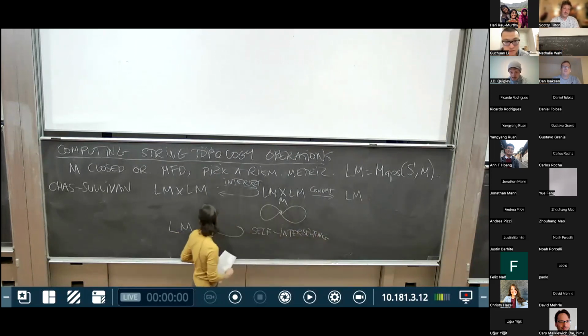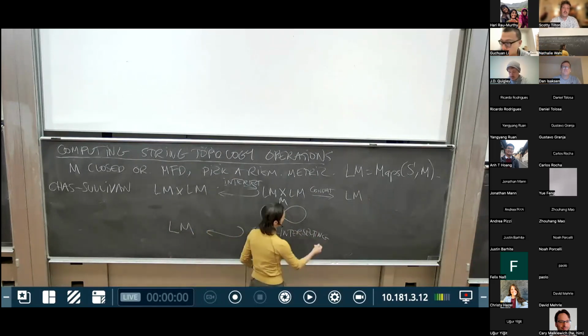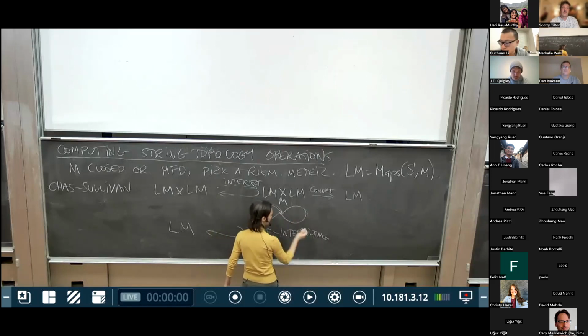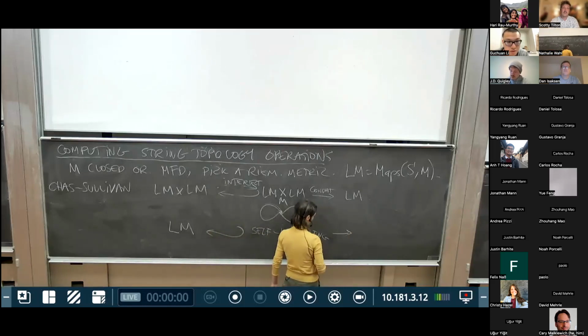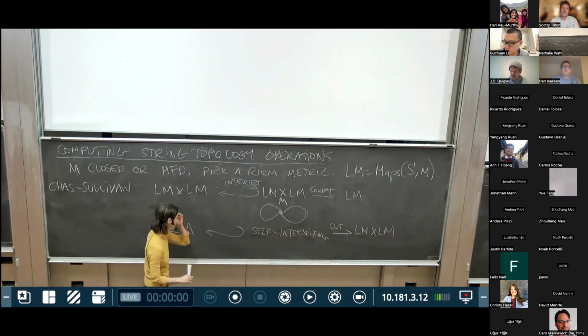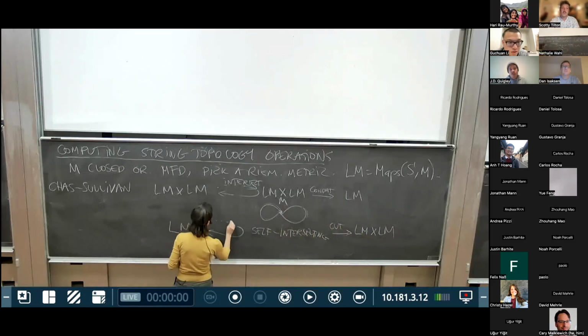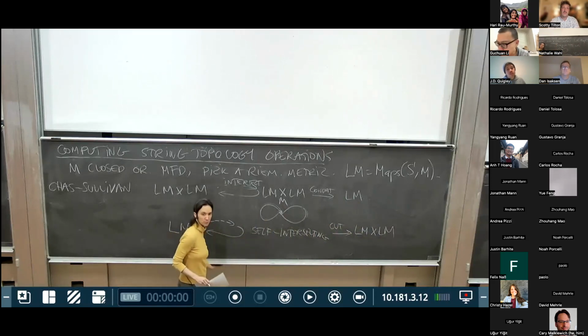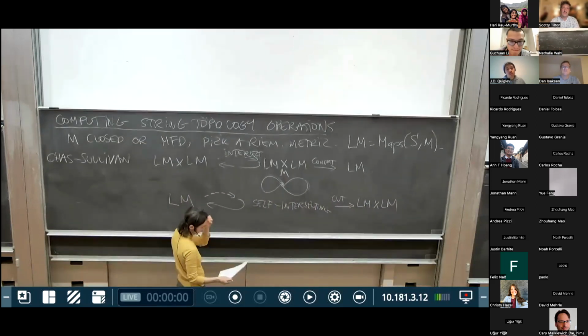So if I have a loop and it happens to self-intersect, then I'm thinking of this as a loop that passes from 0 at some other point, and then I could cut it and get two loops. So the very same picture can be interpreted in different ways. You can also try to define some intersection map that goes from this bigger space to the subspace and get an operation in homology.